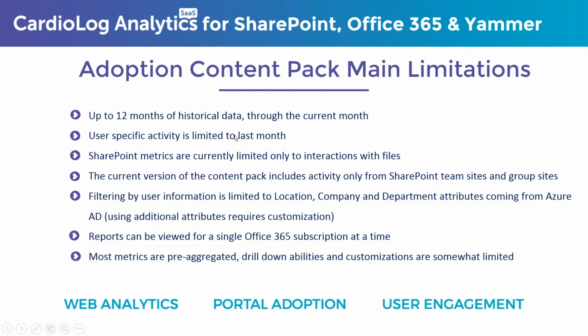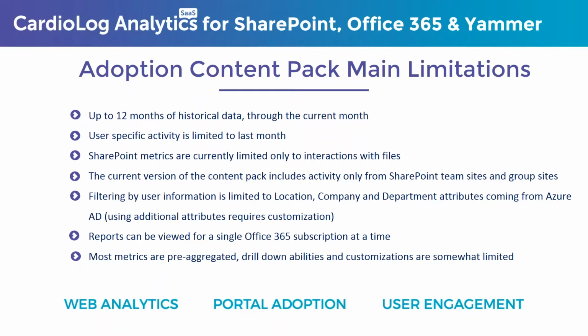User-specific activity is limited to information specifically from last month only. The SharePoint metrics are currently limited only to interactions with files and only from team and group sites. Also, filtering by user information is limited to location, company, and department attributes coming from Azure Active Directory. And using additional attributes requires customization.